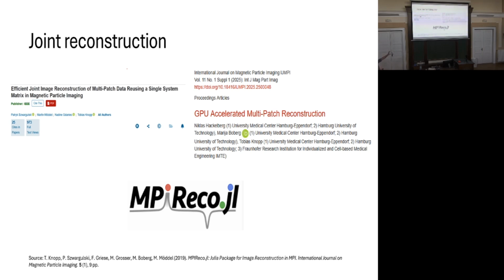This one package is just for reconstruction for multi-patch, and also for simple system matrices. They also have some simulation packages and file packages, and everything is written in Julia. So you need a little dive into it to get used to it. I tried and I failed. So if anybody already tried and succeeded, please contact me.